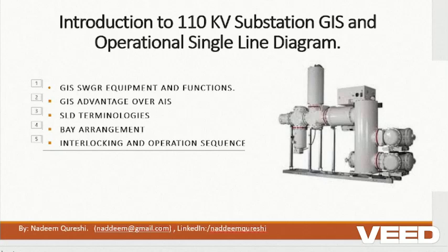So the GIS advantage over AIS: you can imagine that before GIS, our substations were AIS. This requires a lot of land area, which was not possible in urban areas because of space constraints. GISs are compact in size. They are reliable.